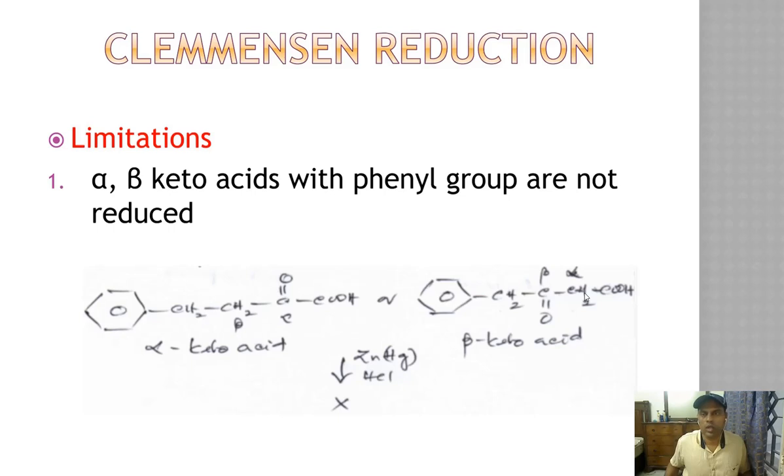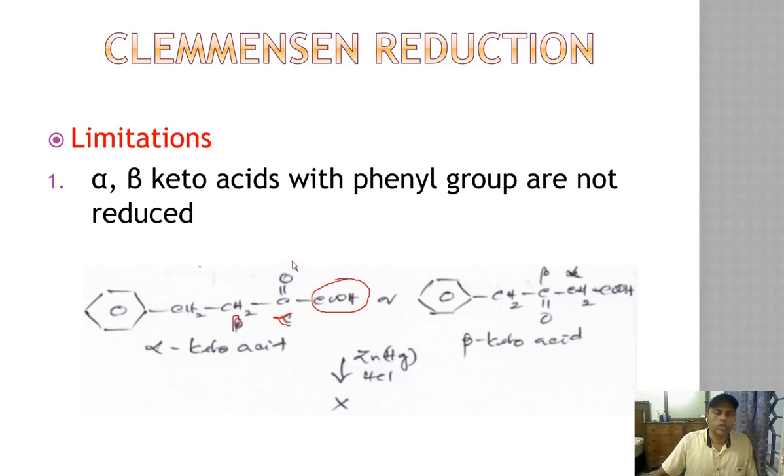You cannot convert alpha beta keto acids with phenyl ring. You cannot reduce that. Right now, this is your carboxylic acid. This is alpha ketone because it is attached to the alpha carbon. This is alpha carbon, this is beta carbon to this carboxylic acid.